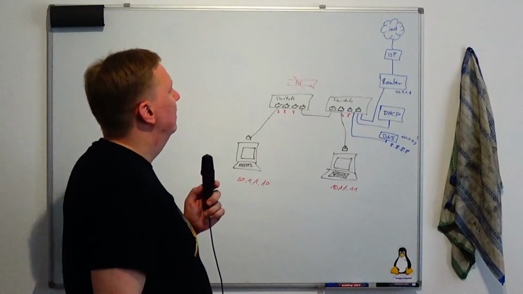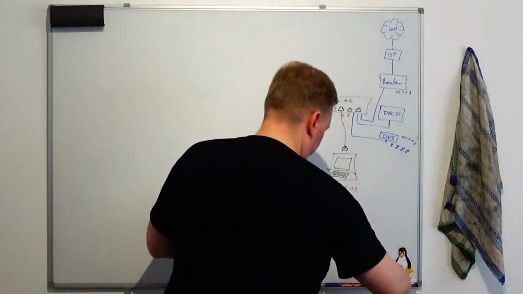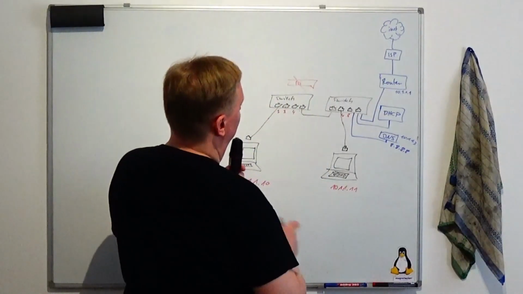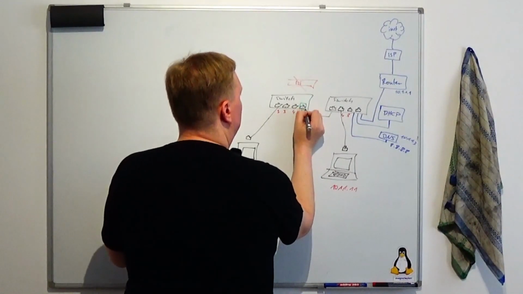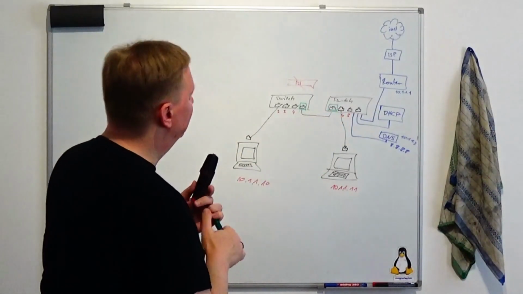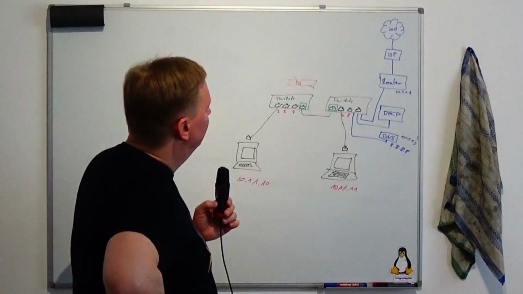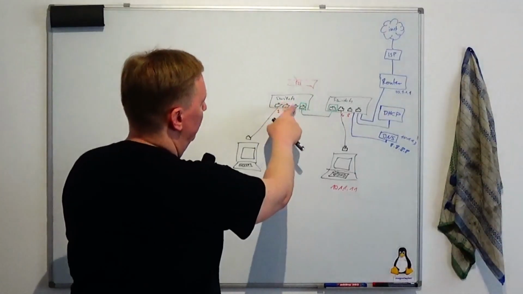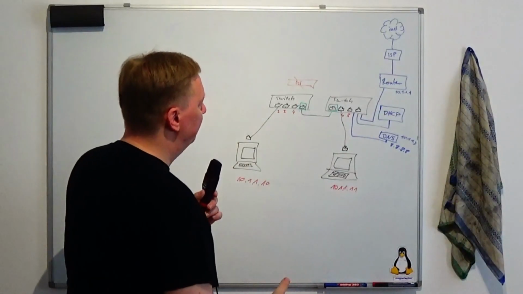So what you do instead is you have to mark all the ports on which you allow tagged packets. So on this switch, you would say, hey, this is a trunking port, a so-called trunking port.